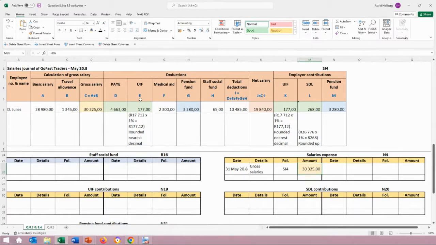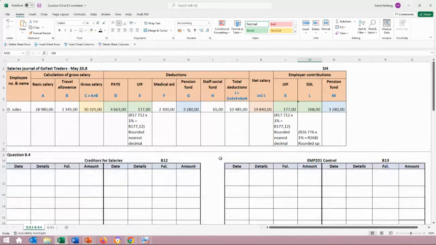Then we said we have to take each of these liabilities to their relevant liability accounts. Okay, now liabilities, as liability accounts, are part of your financial position. Okay, so I've highlighted in green. Your pay as you earn and your UIF go to your EMP 201 account.